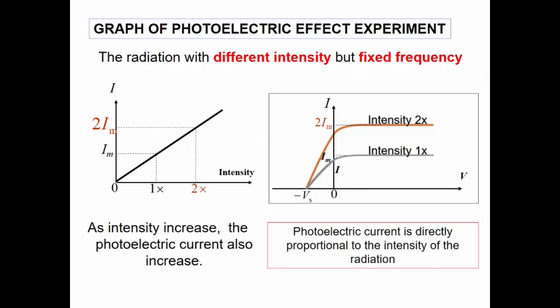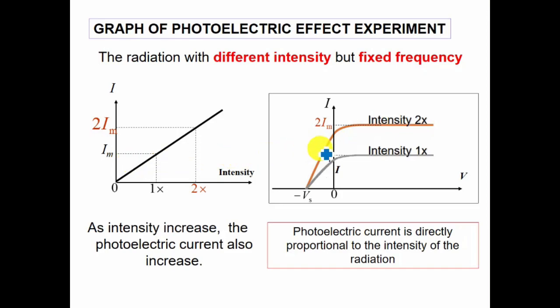Let us now see what will happen if we use EM radiations with different intensity but with fixed frequency. Let's say we have two EM radiations where one intensity is double the other. A linear line in the current against intensity graph shows that the current for double intensity would also increase twice as much as the other one.